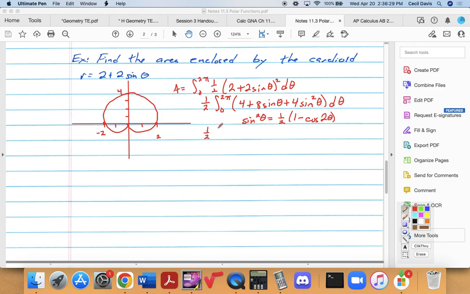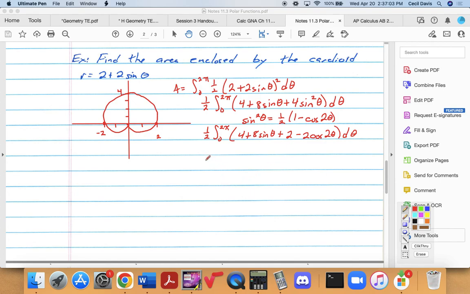So what we'll do is have 1/2 of the integral from 0 to 2 pi of 4 plus 8 sine theta plus, when I multiply the 4 times the half and then distribute that, this is going to be 2 minus 2 cosine 2 theta d theta. And you begin to see part of why on the AP exam they're unlikely to ask you to do this, just because it takes so long.